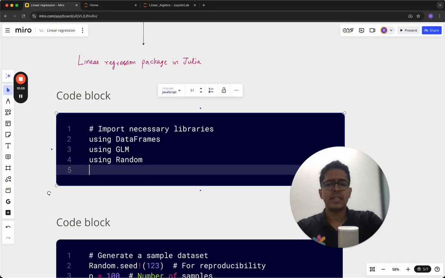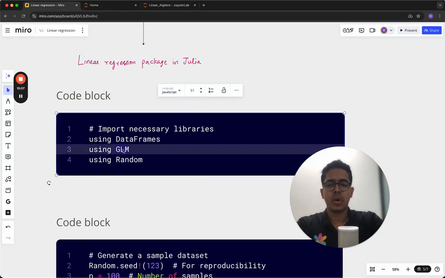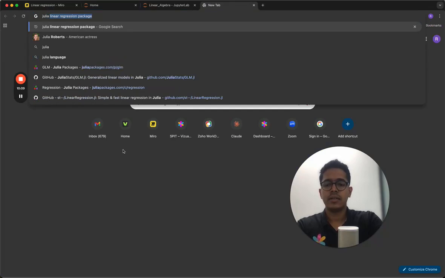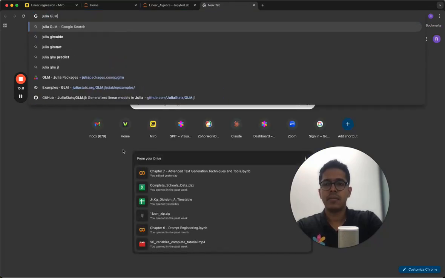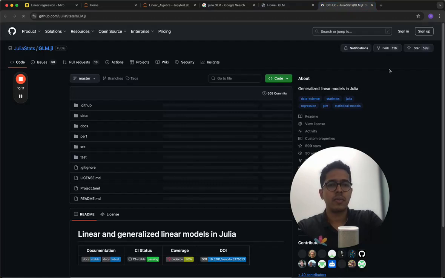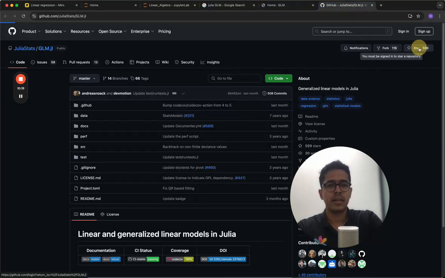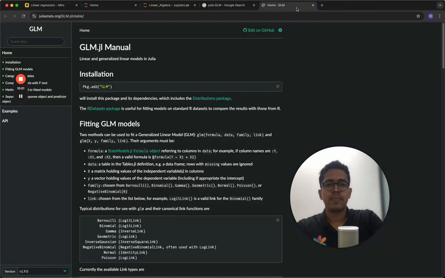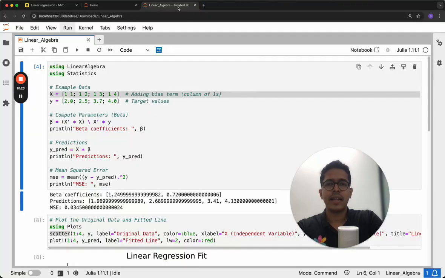GLM, I think, stands for generalized linear models. Yeah, generalized linear model. This GitHub repository has a good number of stars, almost 600, so just check it out. You can directly use it here.